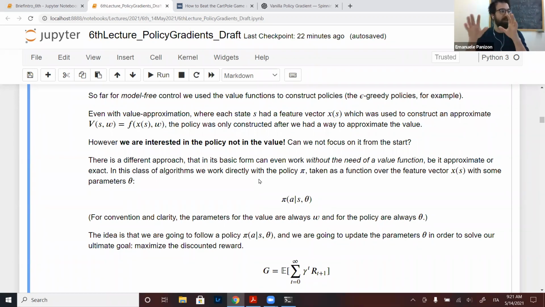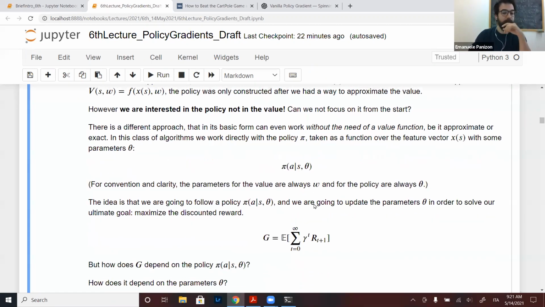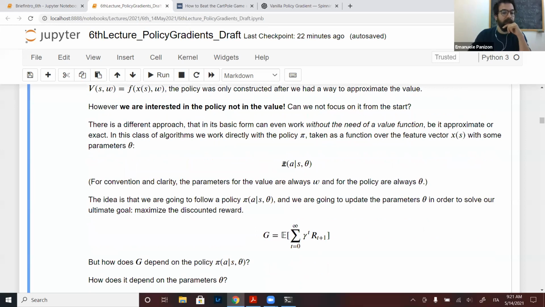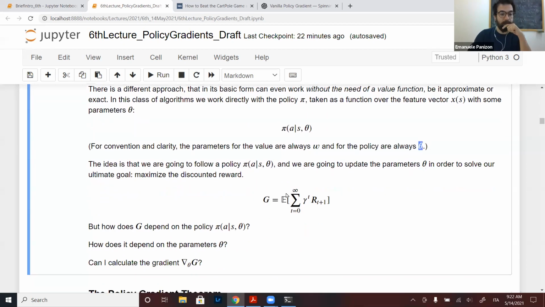Now we have some parameters theta, and our policy is parameterized only on that. We will write it like this: the policy of being in the state S and giving the probability of doing the action A, while parameterized with theta. There is a convention: the parameters for the value are w, and the parameters for the policy are always theta. So every time we talk about theta, we're talking about how our policy is parameterized.